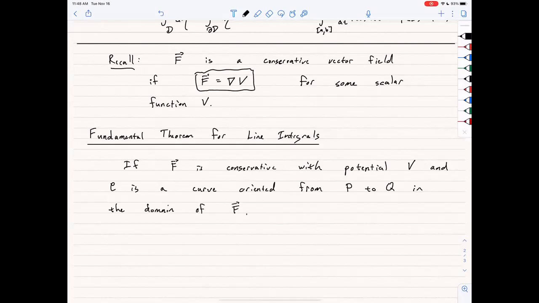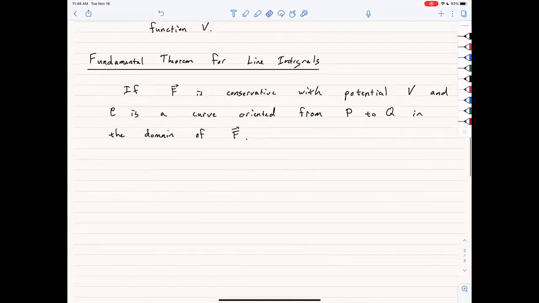Then we have the following equation. Namely that if we take the vector line integral of this vector field F along our curve C, then this is equal to V of Q minus V of P. That's the theorem.